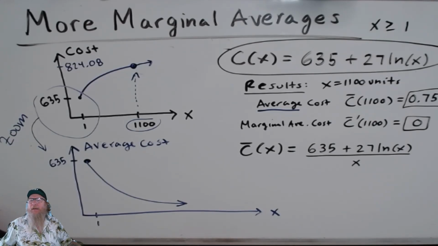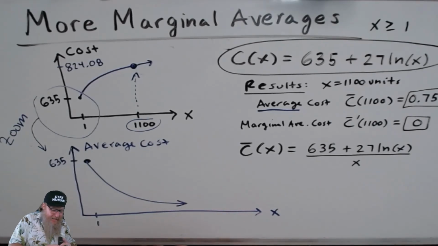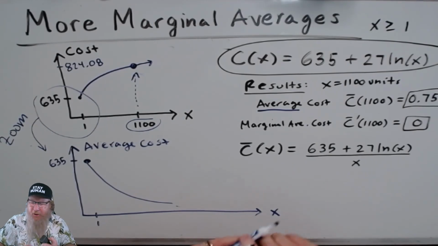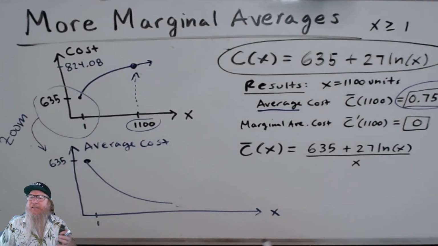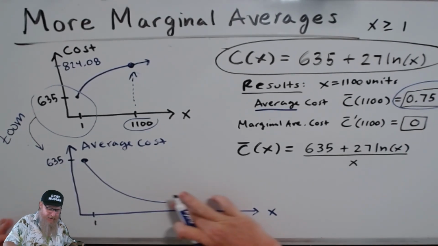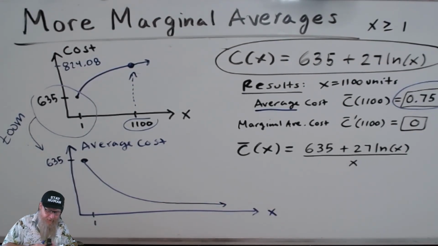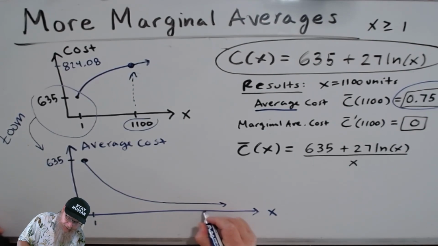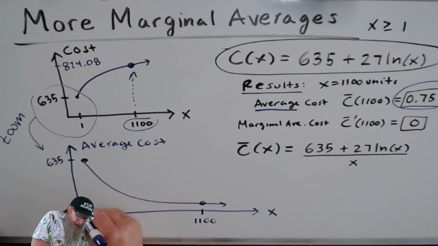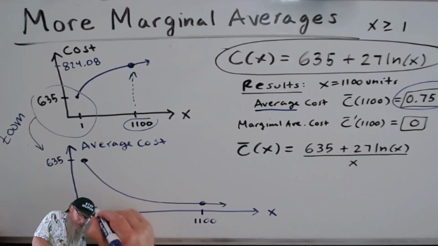And so what that means, if you want to interpret these results here, what does the 75 cents mean? Well, it means that when you get way out here at 1,100 units, you are paying for that unit.